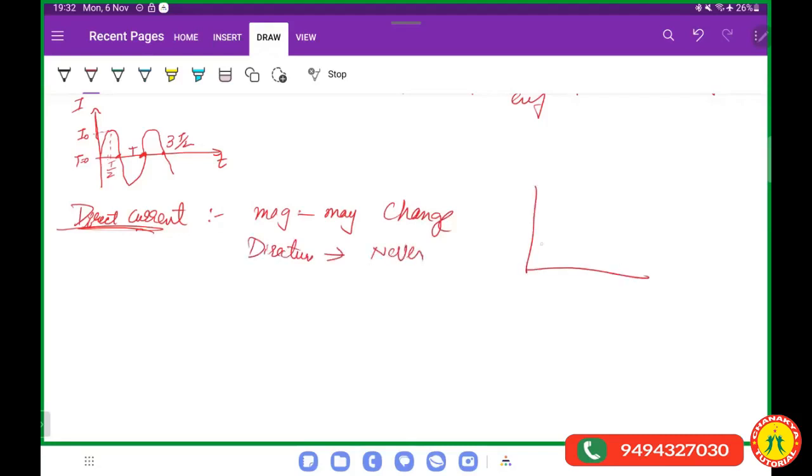If I draw a graph for this, it's a straight line graph against time. Current doesn't change with time. It may go up, it may go low, but it is not changing direction with time.